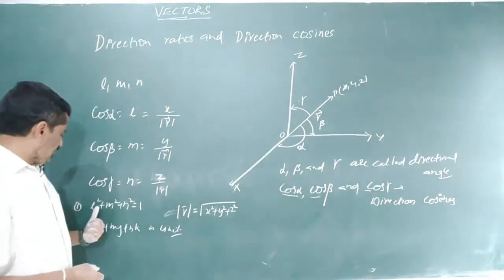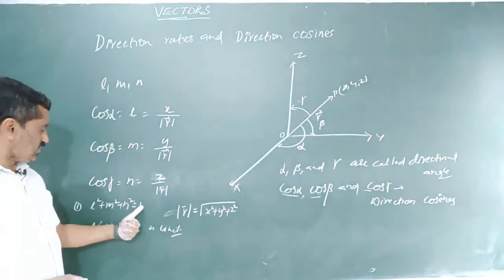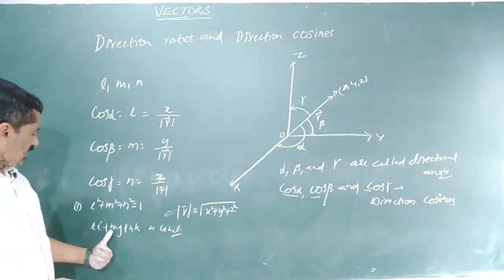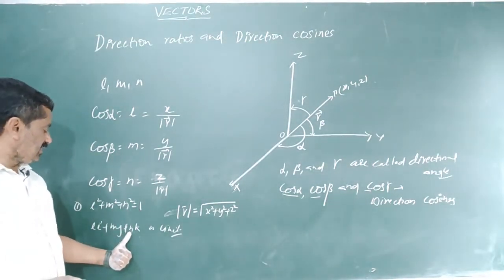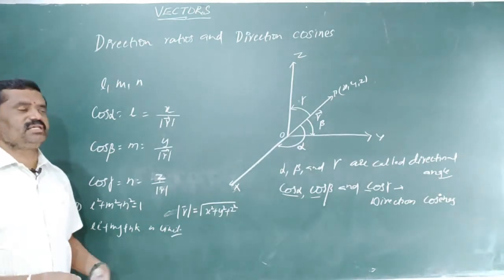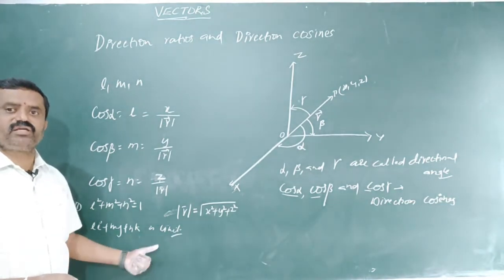So number 1, L square plus M square plus N square is equal to 1. Number 2, Li plus Mj plus Nk is a unit vector in the direction of a given vector.